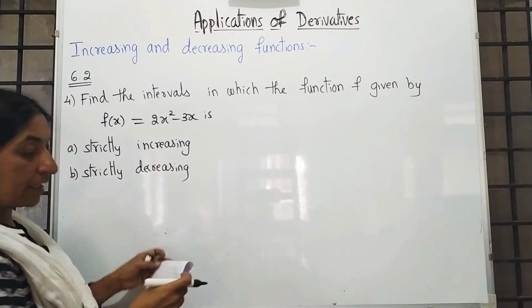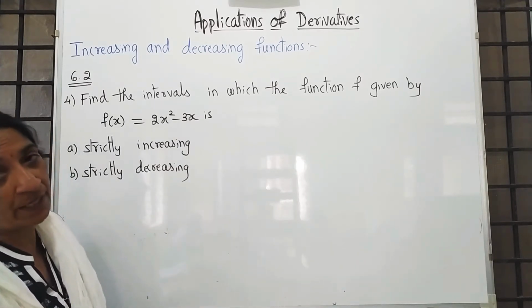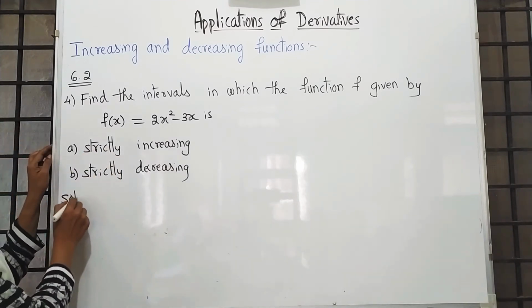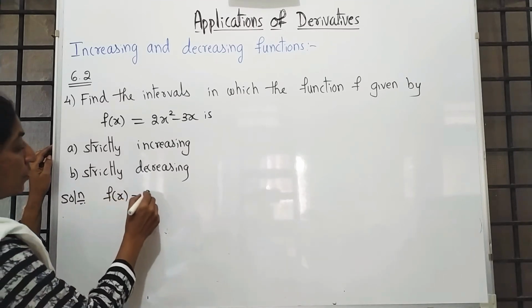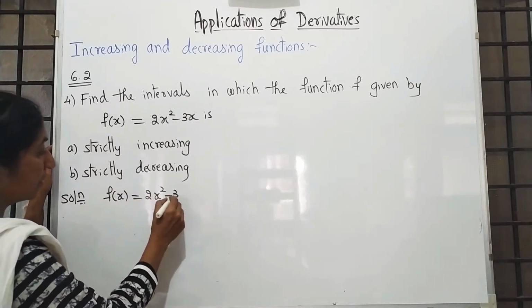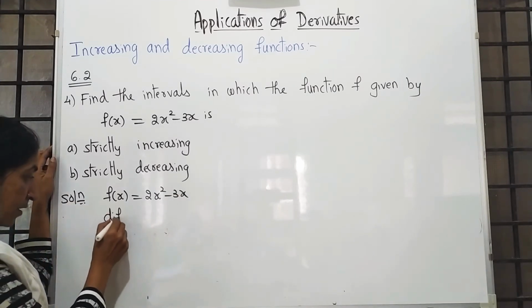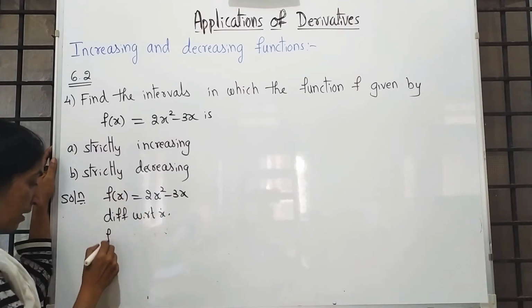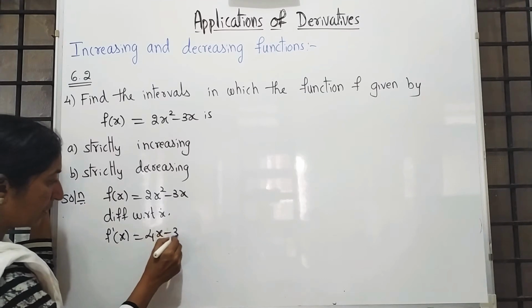See, already in the last class when I started the increasing and decreasing functions, I explained the concept. Now also I will explain the concept with this example. First we have to write the function as it is, 2x square minus 3x. After that go for the first derivative, differentiating with respect to x. This is f dash of x is equal to 4x minus 3.